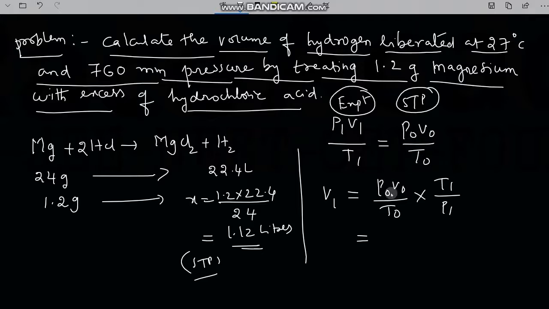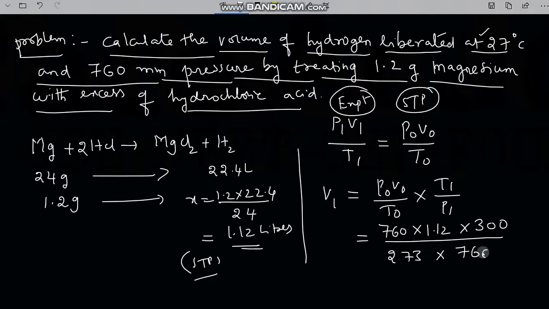The STP pressure is 760 millimeters, and the volume of hydrogen gas we calculated is 1.12, into the experimental temperature 273 plus 27, which is 300, divided by T0, the STP temperature, 273, into pressure 760, normal atmospheric pressure, as nothing else is given. We can solve it after simplifying.